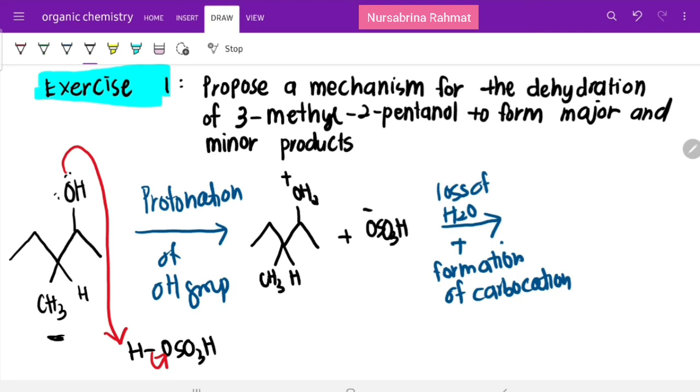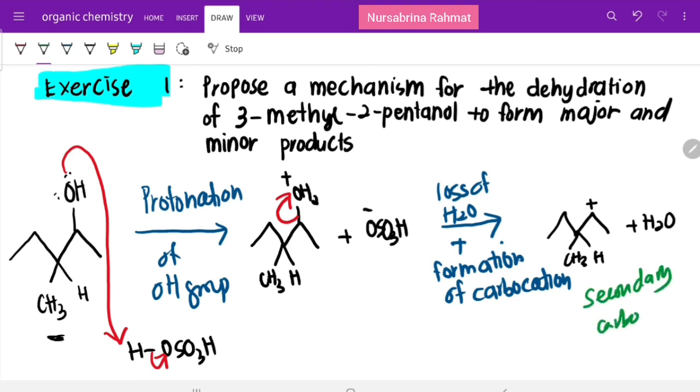Okay, next, in this protonated alcohol, the water molecule will leave, breaking the bond. So we are making a carbocation, with the plus charge, plus water. Here we have your secondary carbocation.